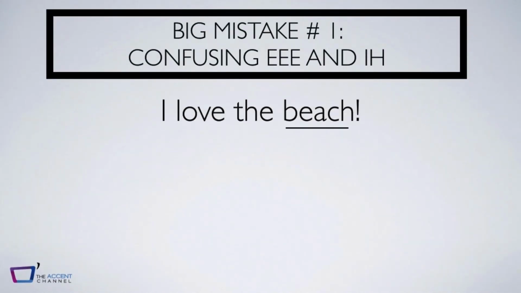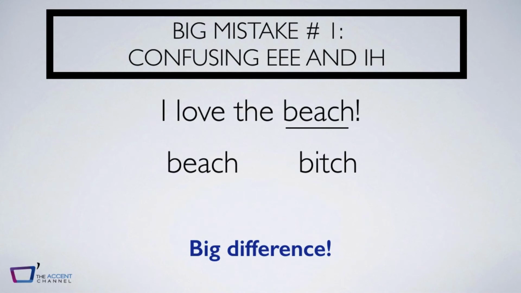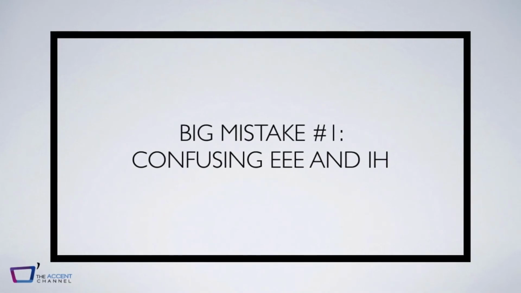Last one. Try this sentence out loud. Did you say beach? Are you sure? You need to be sure about this one, because if not, you just called someone a bitch, which is very insulting, and it also means that you probably confuse the vowel E and the vowel I. And that is the number one speech mistake that you are probably making.